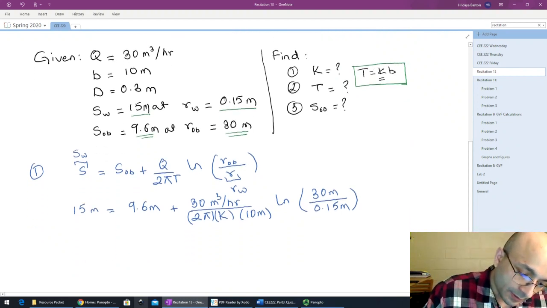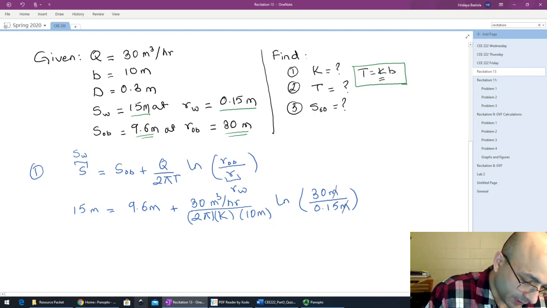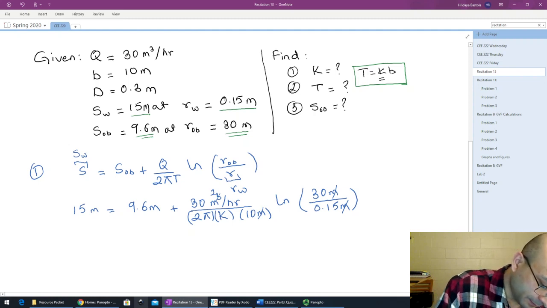So you can simplify, rearrange, and then solve for K.